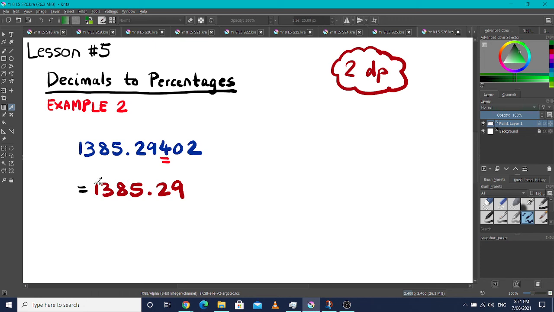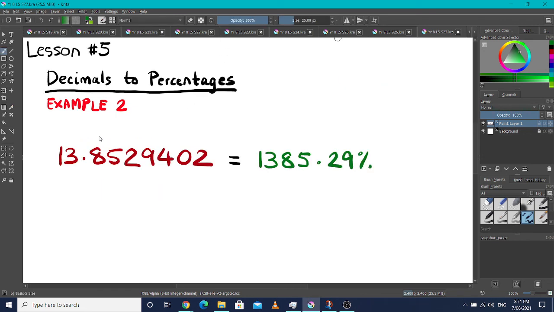Our rounded number will be 1385.29, which we must remember to put a percentage sign for our answer. So as a percentage, 13.85294002 can be converted to 1385.29%.